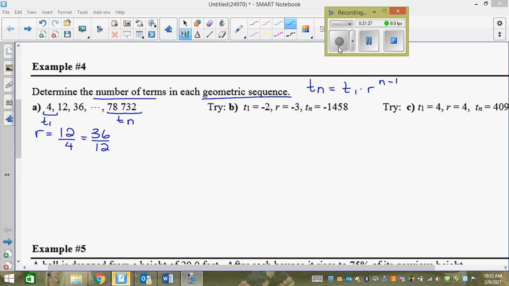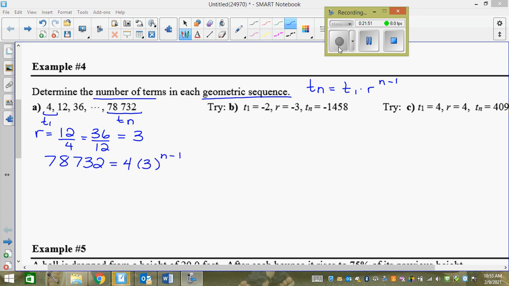These should all be the same. 12 divided by 4 and 36 divided by 12 is 3. Okay. So we want to solve for n. So Tn is 78,732 equals T1, which is 4, times R, which is 3, to the n minus 1.